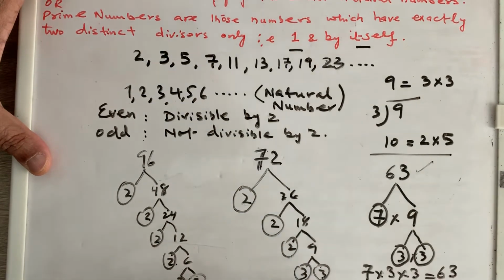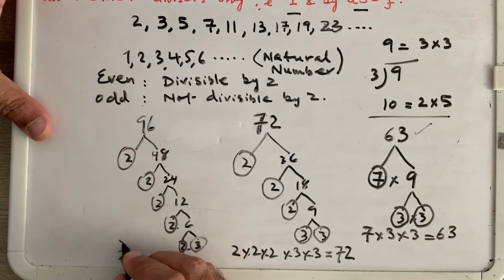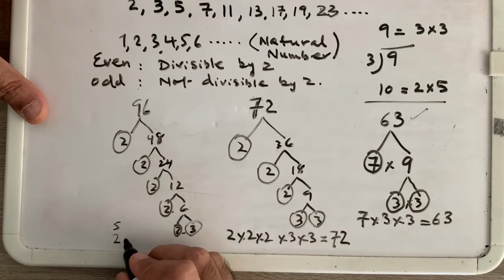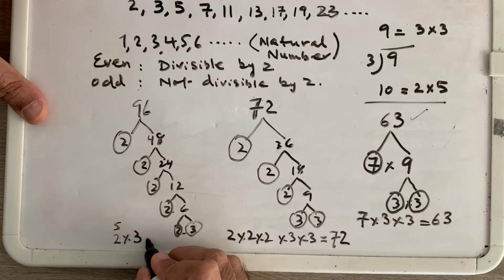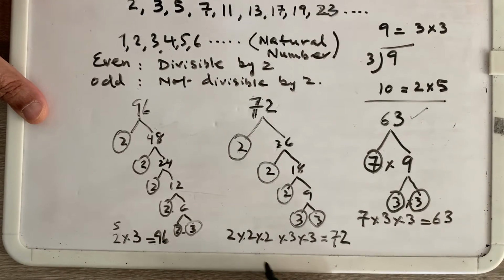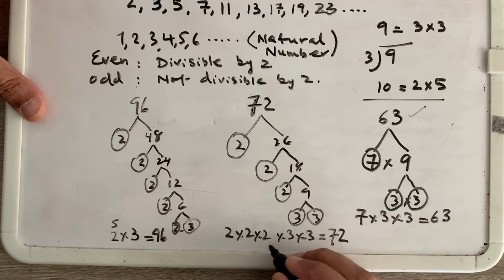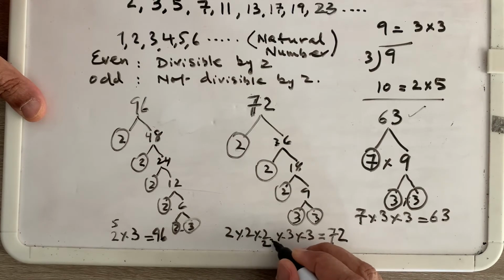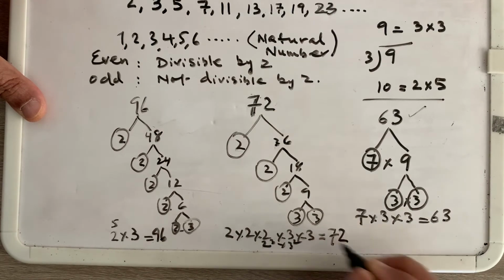So we can also count them: 1, 2, 3, 4, 5. So I can write it as 2 to the power 5 times 3 equals 96, because we already did exponents. This one also can be written in terms of 2 to the power 3 times 3 to the power 2.